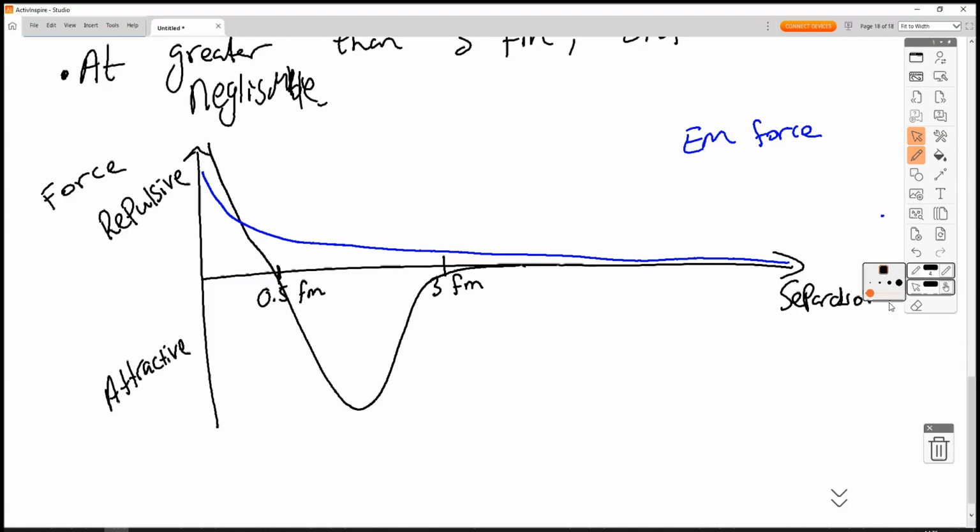And the black is the strong nuclear force. So between two protons, the electromagnetic force is always repulsive. It's never attractive. So, after the separation is greater than 3 femtometers, then what happens? Then the strong nuclear force doesn't apply anymore.